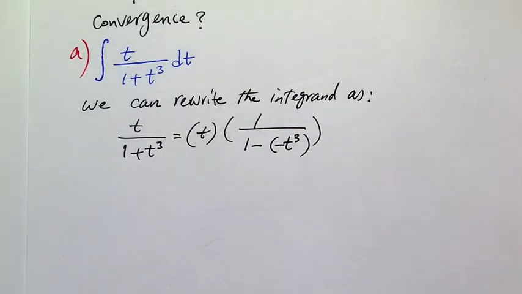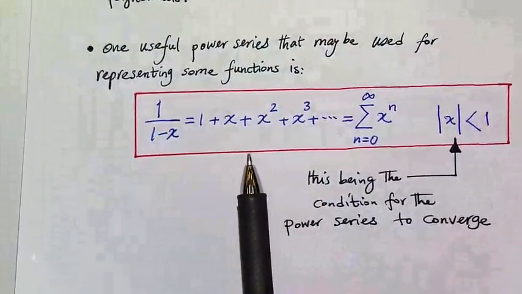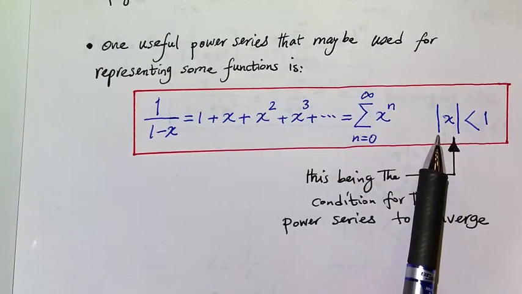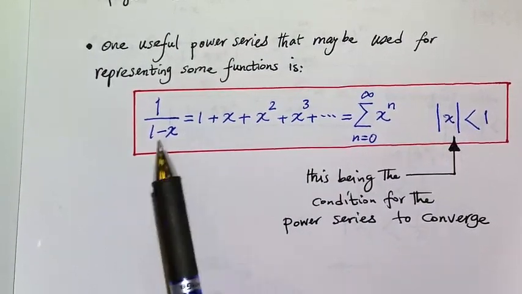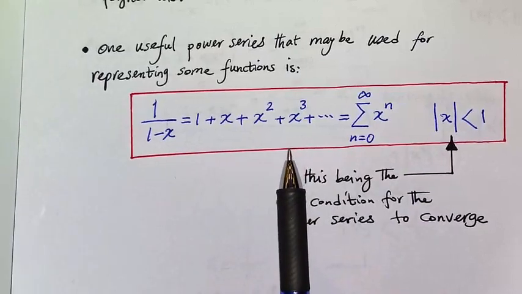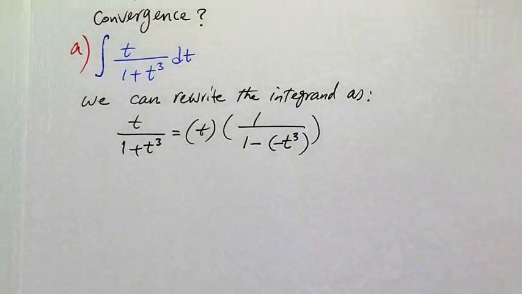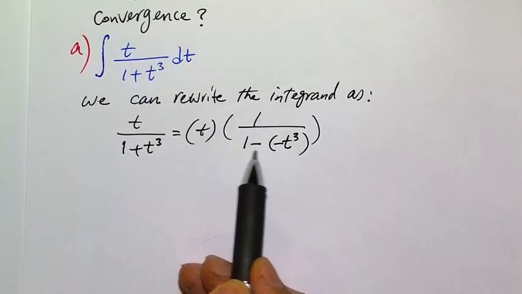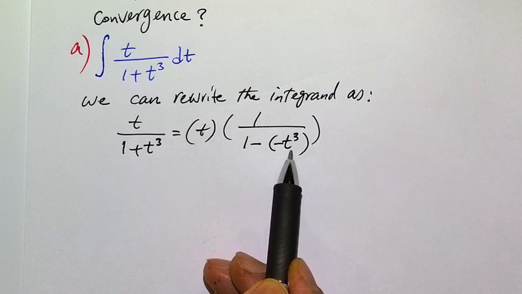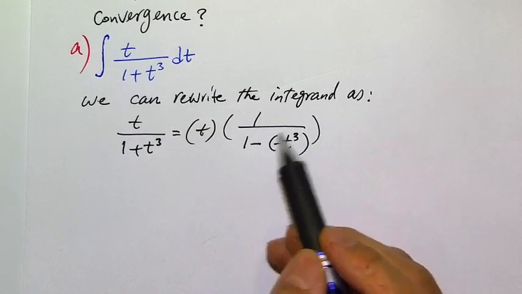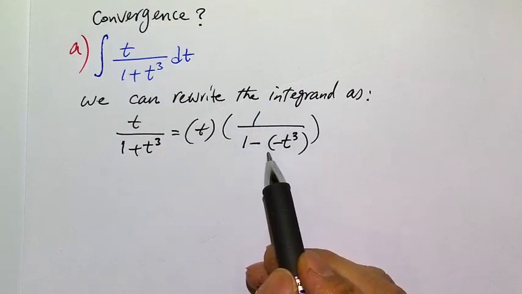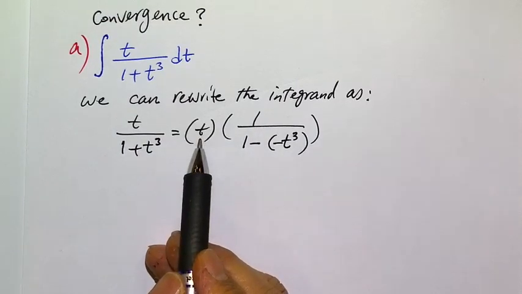So I'm skipping all those steps where I refer back to the power series that we discussed on the first sheet, right? I'm not making a reference to this anymore because after all these examples, I'm counting that you'll remember the connection between what I'm doing and what is on the first page. So that's where we're headed here. And we factored the t out. Now we have 1 over 1 minus this, which means that now we can rewrite this piece as a power series multiplied by t.